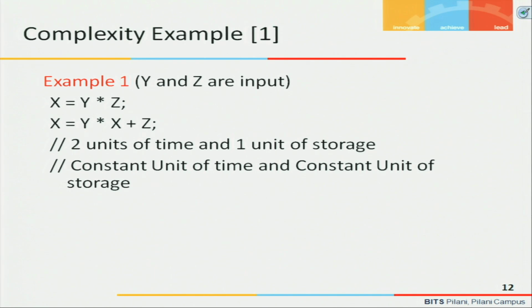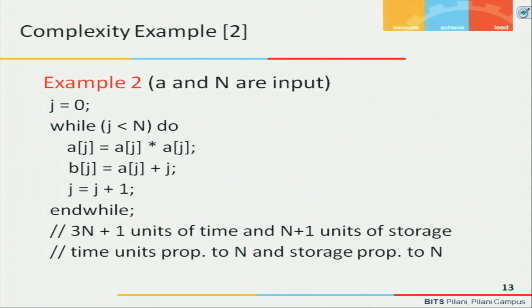That means, the time required and the storage required is independent of the size of the input, whereas in this particular example the time required as well as storage required depends upon n. So, we say it is proportional to n.